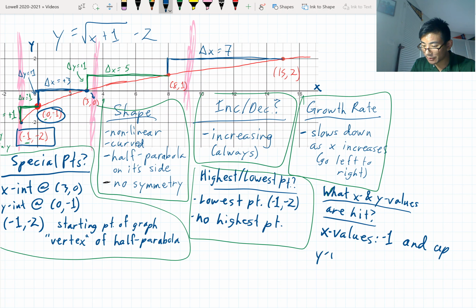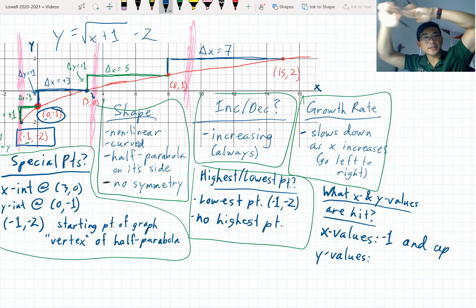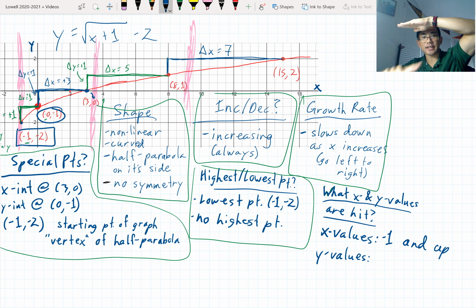And then the y values, well, let's see, I'll do the same thing as I did with the pink, but horizontally now. It starts off at nothing, nothing, nothing, nothing until it gets to -2. And it's going to keep going up, up, up, up. When I get to a y value of 10,000, it's going to take a really big x value to get there, but it will eventually get there.